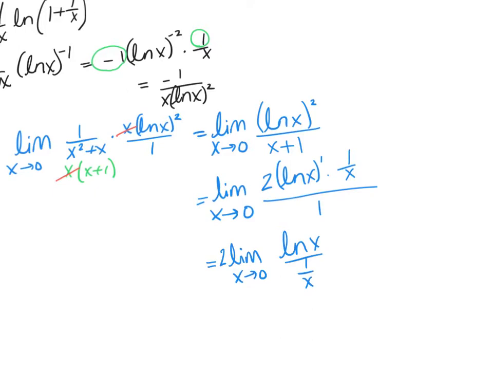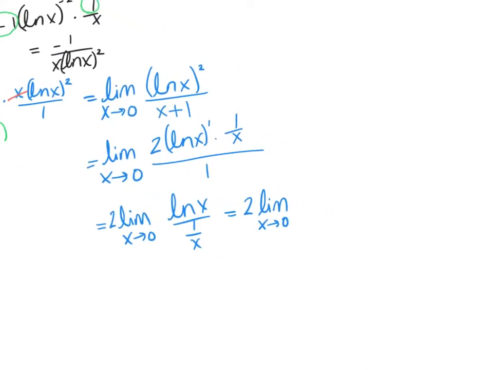So I'm going to do L'Hopital's again. So I have 2, the limit as x approaches 0. The derivative of the numerator is going to give me 1 over x. The derivative of the denominator is going to give me -1 over x squared.